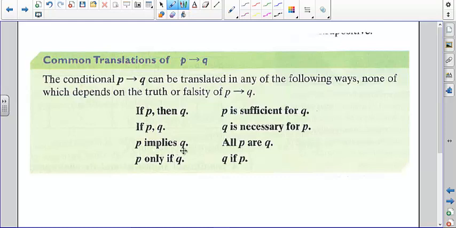That is not quite as poetic as the other one, but it's still okay. You are a bird only if you flock together. Being a bird is sufficient for you to flock together. I'm not going to ask you to memorize these things. It's just to show you that there are other translations.